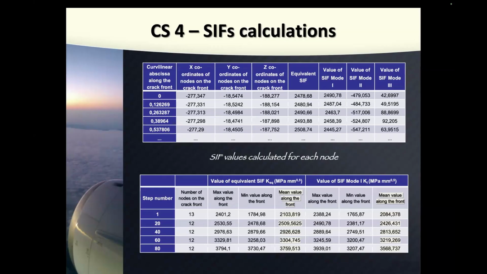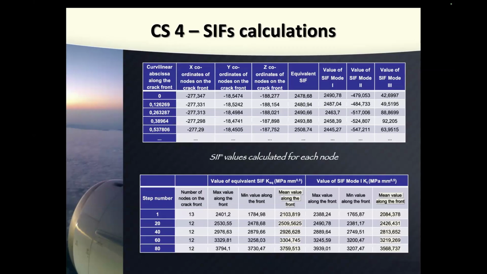Then the next number is the equivalent stress intensity factor. The next three numbers are mode 1, mode 2, and mode 3 stress intensity factors. I showed you before how this equivalent is calculated. Why do they use equivalent? In 3D models, when the crack grows in space, not in a plane, it's recommended to use equivalent SIF.